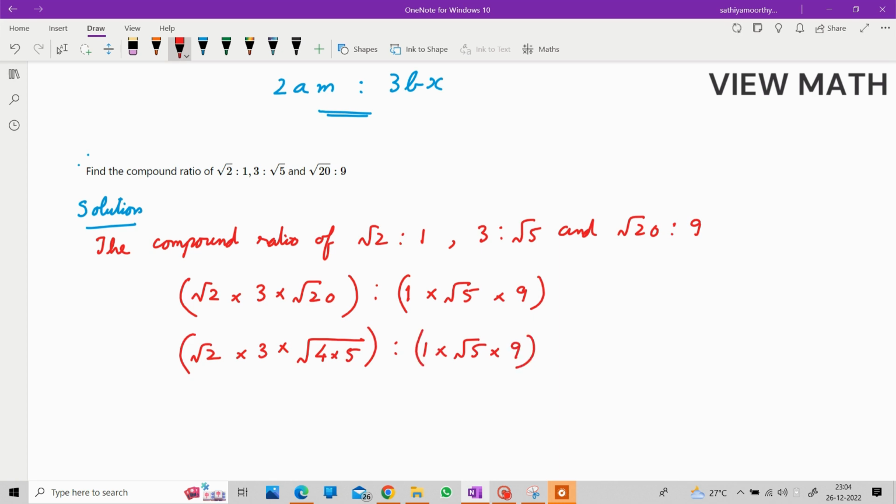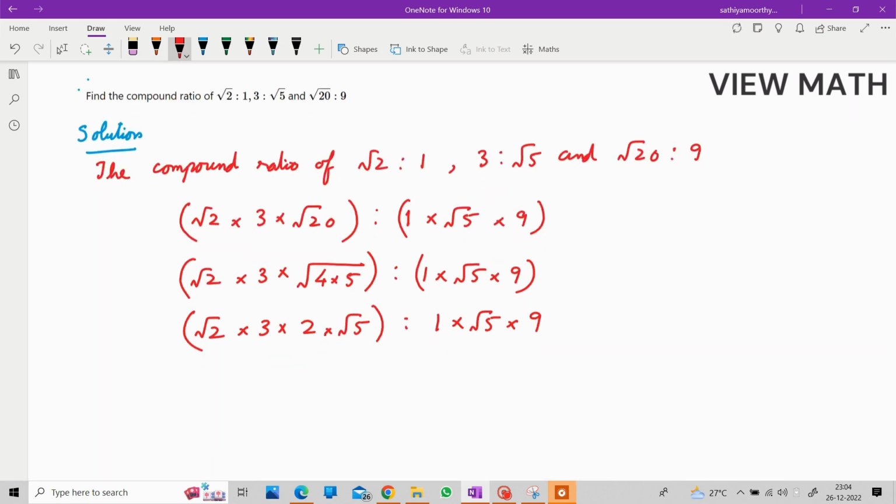Now I can bring this 4 outside the square root, so I get 2 into root 5. If I bring the 4 outside, it becomes 2, and root 5 as such is to 1 into root 5 into 9.